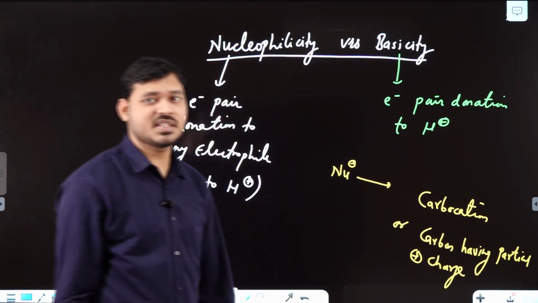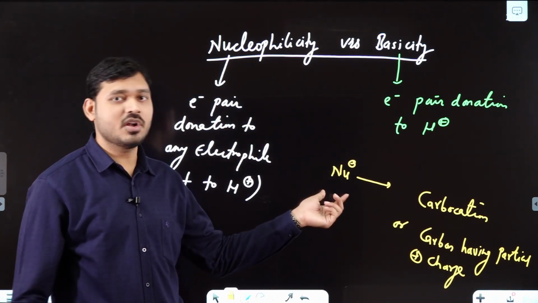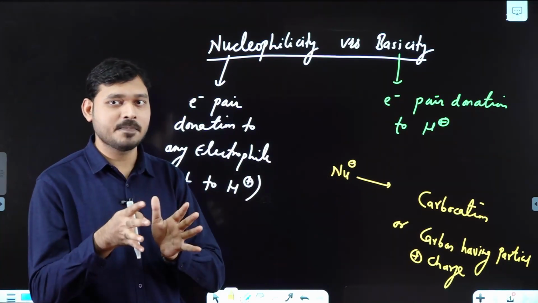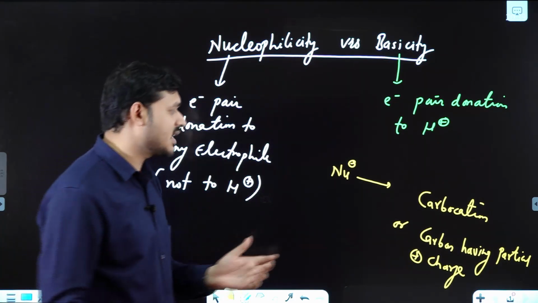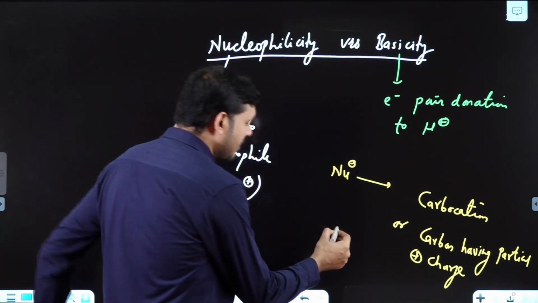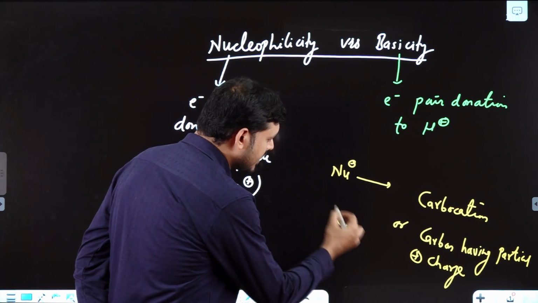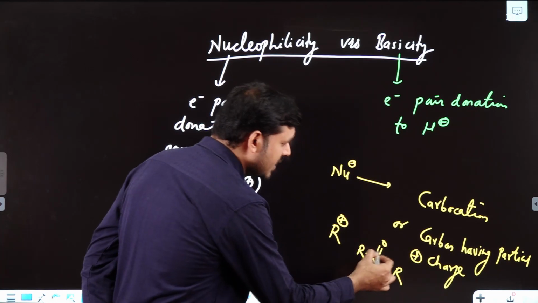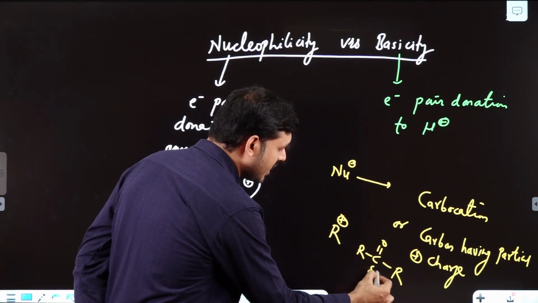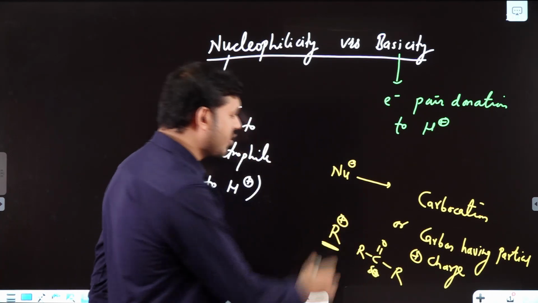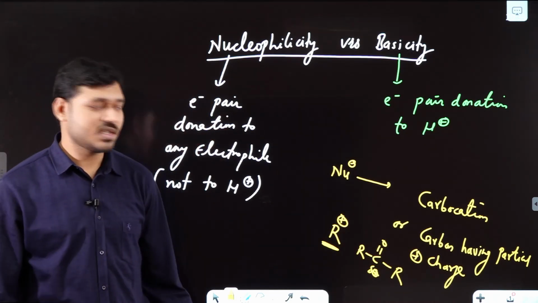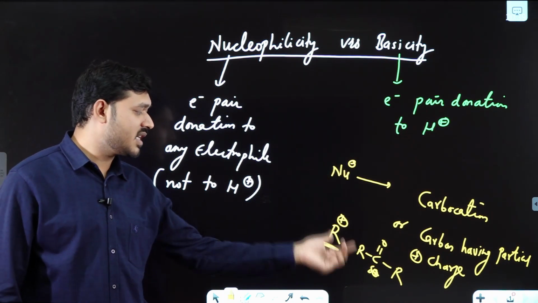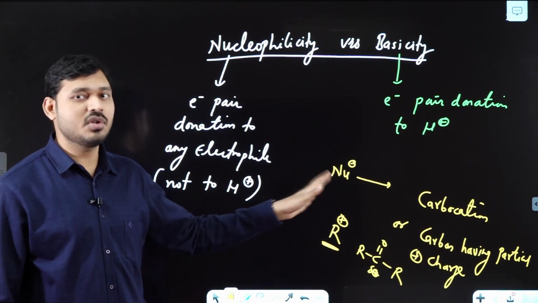In organic chemistry, simply, nucleophile or nucleophilicity is all about attacking any carbon atom which is positively charged, partially or completely. Carbocation means, simply, R plus or RCOR. Now in this RCOR ketone, this carbon has delta positive charge, and here this R group carbon has complete positive charge. So in both cases they are electrophiles. So the interaction of nucleophile with such electrophiles is about nucleophilicity.